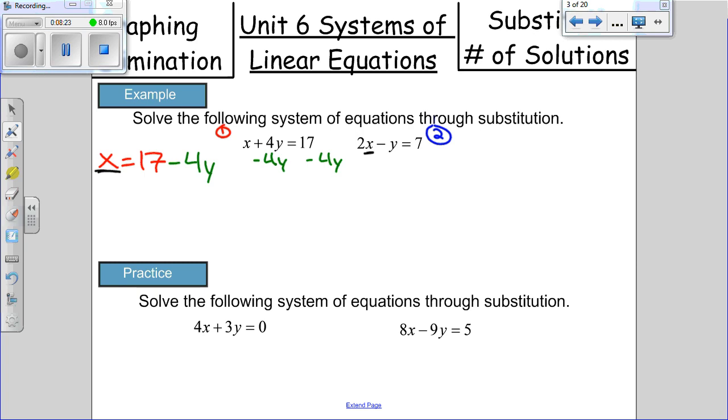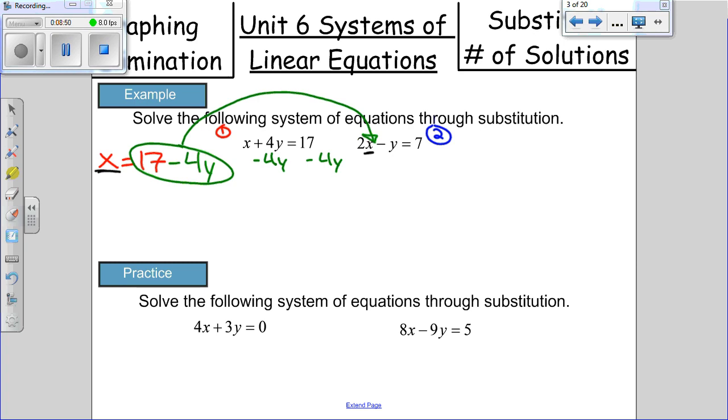So if this x in equation 1 equals 17 minus 4y, then this x in equation 2 should also equal 17 minus 4y. So we take this and we substitute it into that. Instead of x, I'm going to put 17 minus 4y.